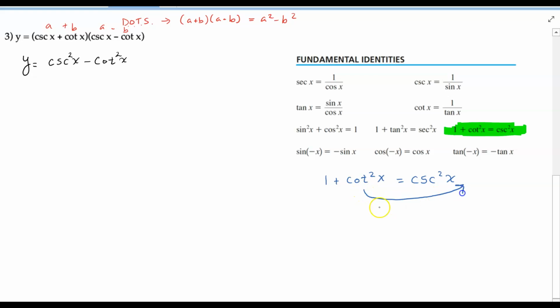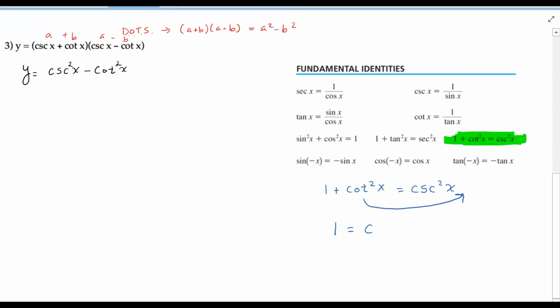If I move this to the other side, I have 1 equals cosecant squared x minus the cotangent squared of x. So that's just 1. So if I come back up here at the top, I know that this identity over here was just 1.